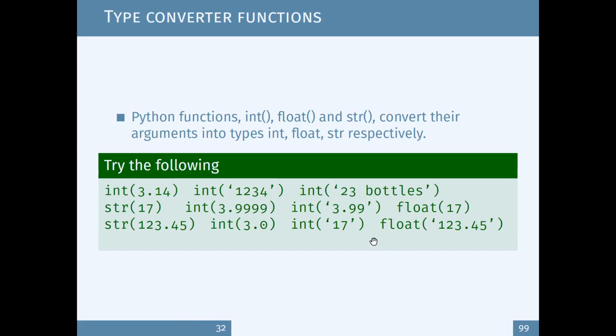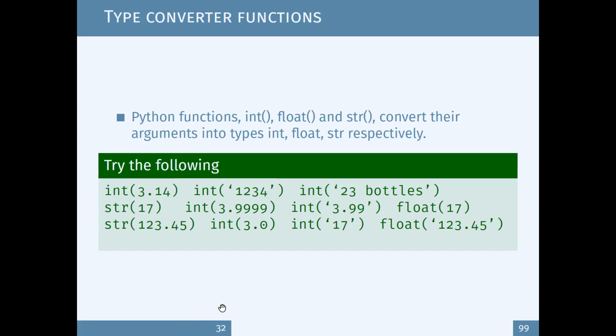We already discussed there are three different types: integer, float, and string, and depending on your requirement, you can convert between them. For example, if you say 3.14 and use the int function, it will convert this number into an integer value. How does it convert? It just discards the decimal part and the outcome will be 3. Similarly, "1234" could be converted into an integer value. But if you have "23 bottle", this is not possible, right? So these are the things that we discussed last time.